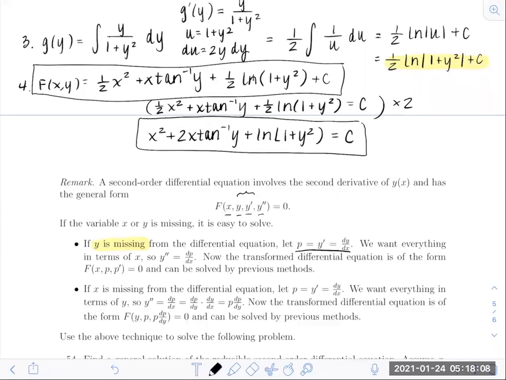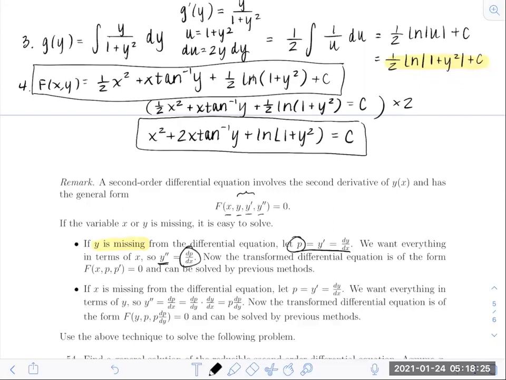And so if we want to express y double prime in terms of p and x, well, that's just going to be the derivative of p. So we'll write that as dp dx.